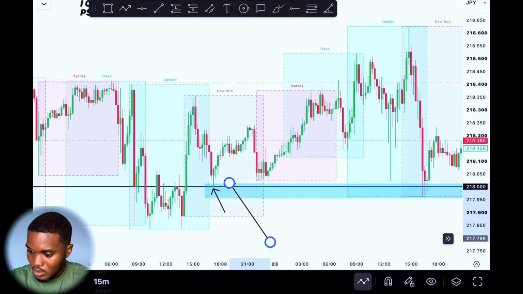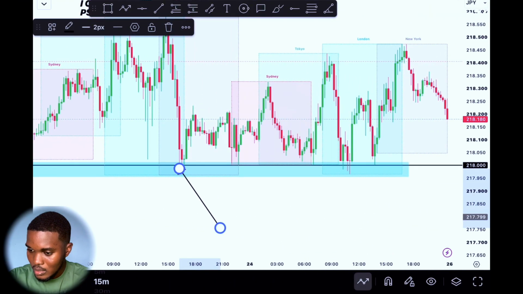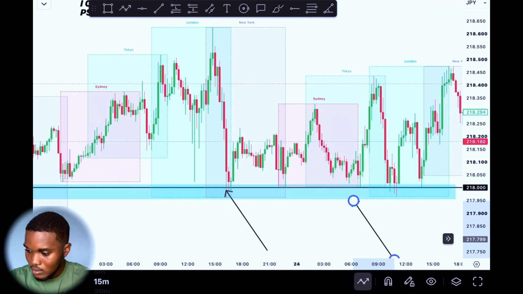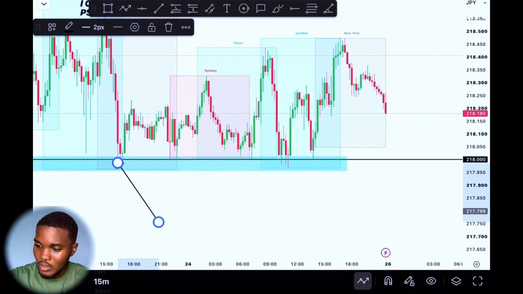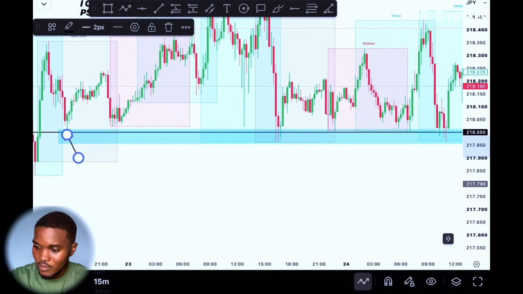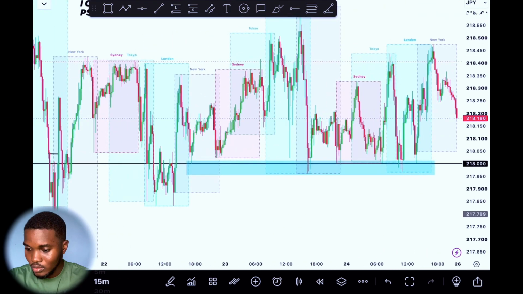At this very zone too, you can see price reacting to this very level. That shows you that it's a very key level. You get it?